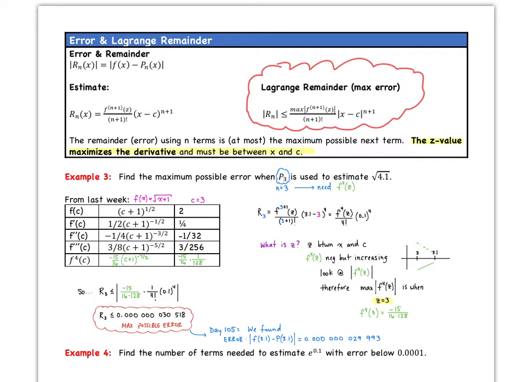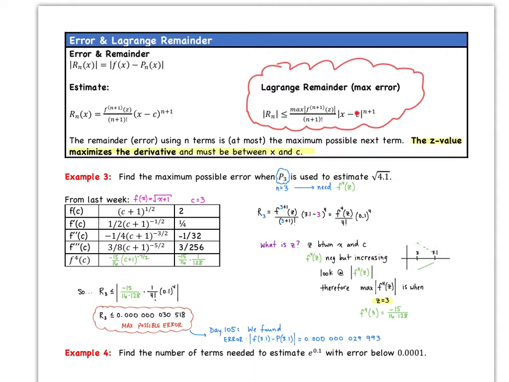Something we have to think about is that the remainder, or the error, using n terms is at most the maximum possible next term. So the z value maximizes the derivative and must be between x and c. We're going to look for this z value here, and we have to look for the n plus 1 derivative.